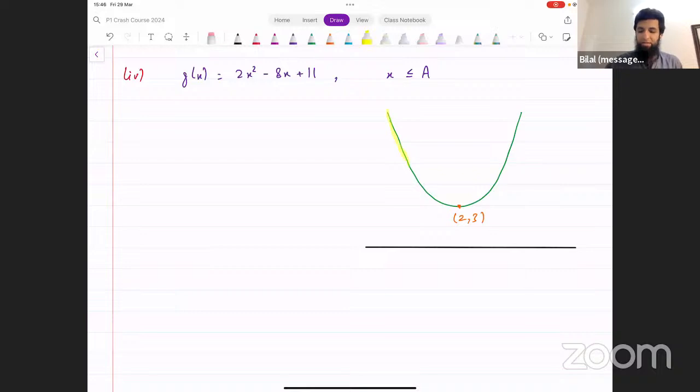If a was here, it is still one-to-one. Until this point, it's one-to-one. We can go a bit further. If a was here, it's still one-to-one. We can keep going on until we reach this turning point.